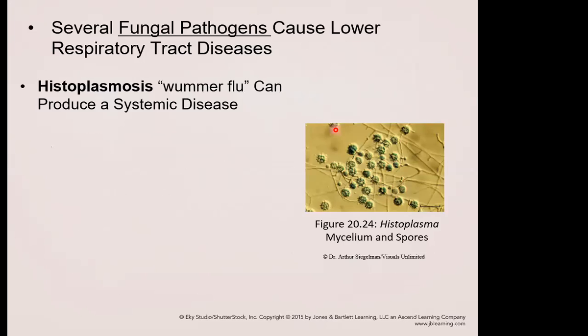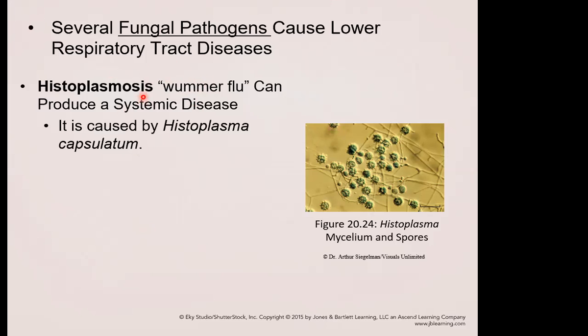All right, we have just a couple fungal pathogens we're going to talk about. Again, these are not really important things to study for exam 2 because we skipped the fungal chapter. But you all might see this, so let's just introduce it. All right, we got a typo here. Not the Wummer flu, that should be the summer flu. Wummer sounds funny though.